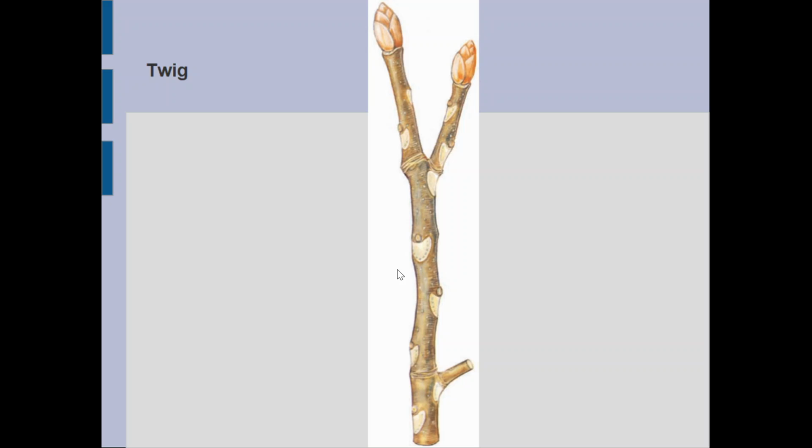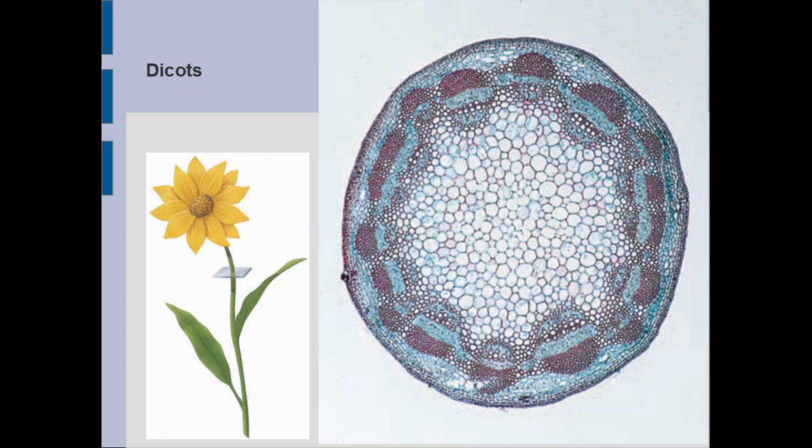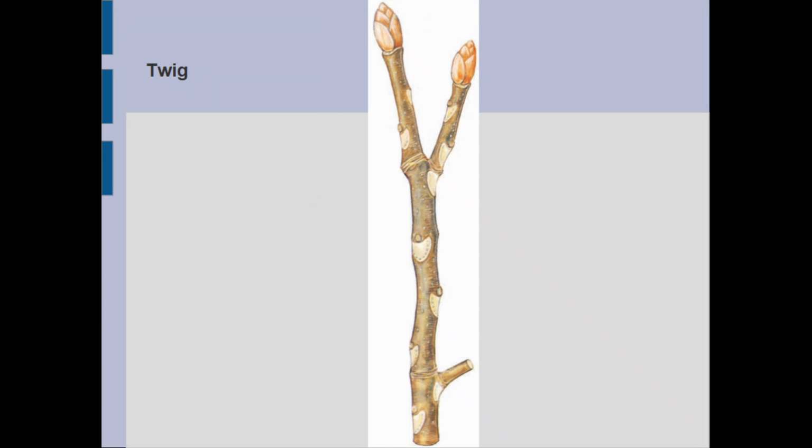So the main functions of the stem are, first, support of the leaves and reproductive structures. Most stems are upright, and that allows leaves to absorb more ultraviolet to make photosynthesis.